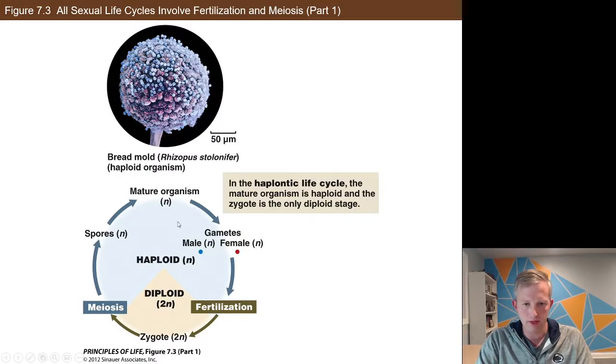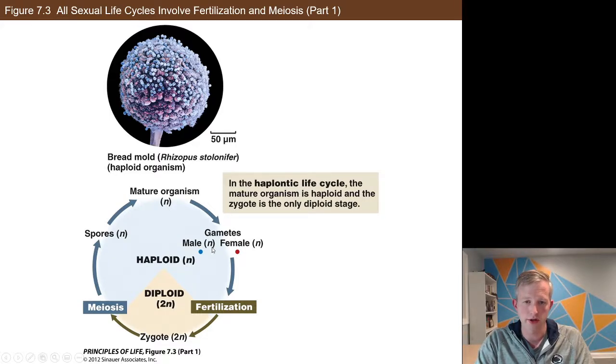So here's an example with this bread mold, and you can see how it has its diploid life cycle, where it's a normal diploid cell, and when it undergoes meiosis, it forms these spores, and it's a single N here, meaning it's haploid, and that'll grow into a mature organism all on its own.